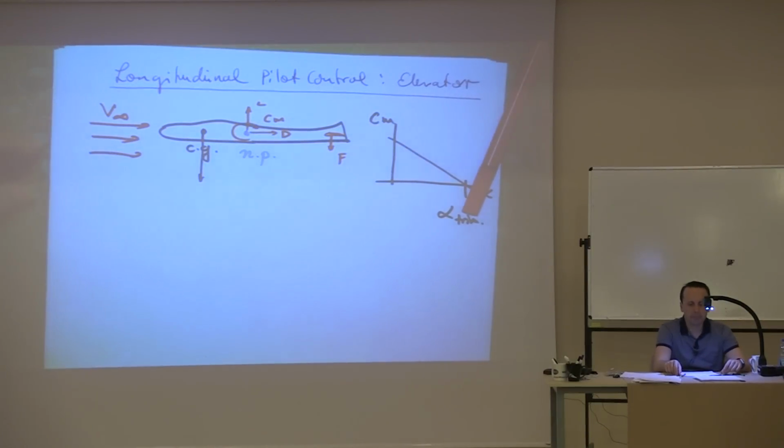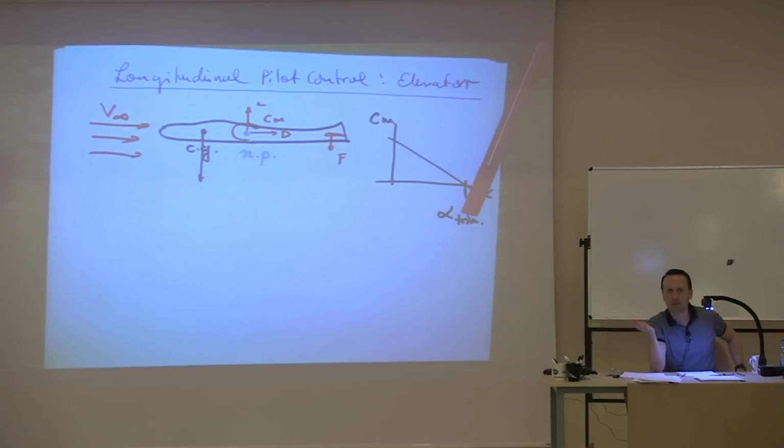Let's say this picture is an equilibrium. If I change the location of the CG, will I see a moment at the CG? Or will my nose go up or down? Let's put it that way.